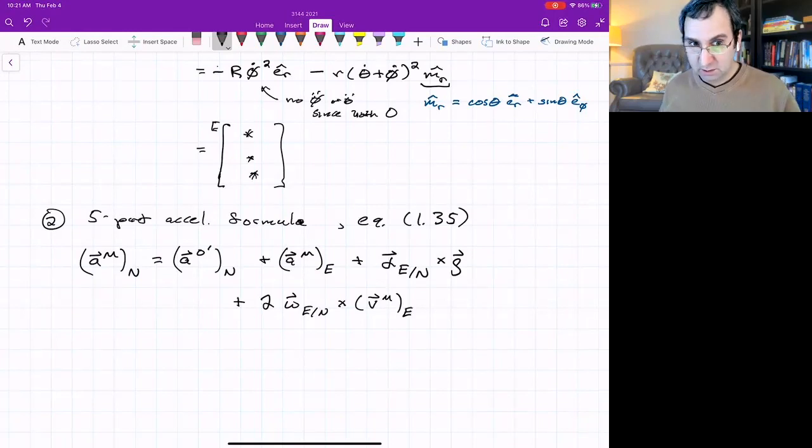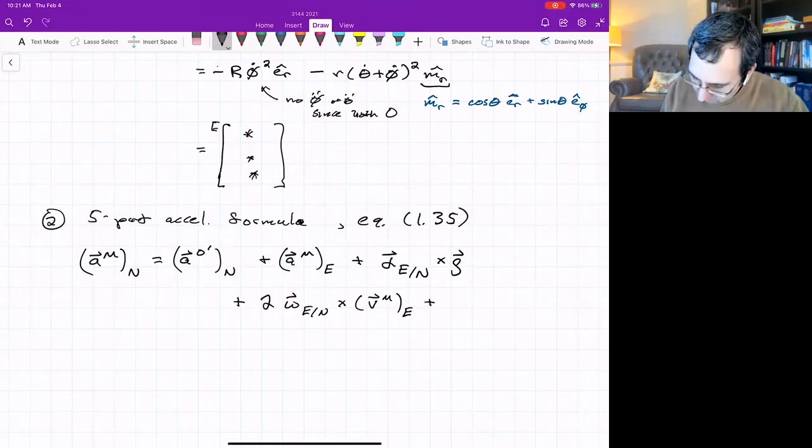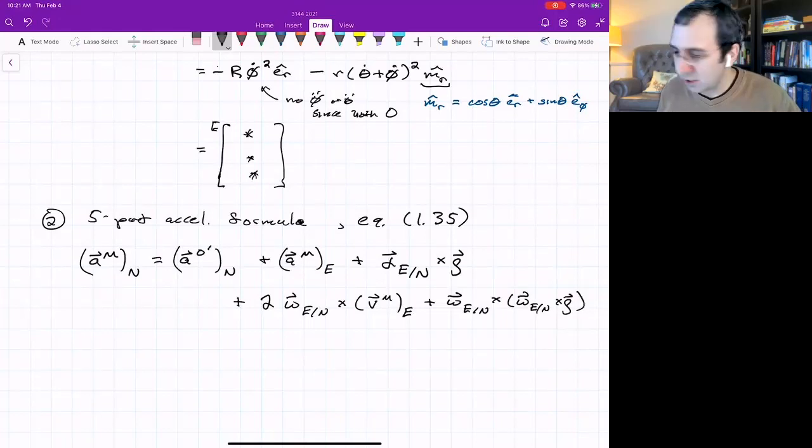So that's the Coriolis. And then the last one is centrifugal acceleration. Nobody's going to get mad if you say centripetal. I won't. But that's why I like avoiding these, because this isn't a zoology class where we have to name terms.